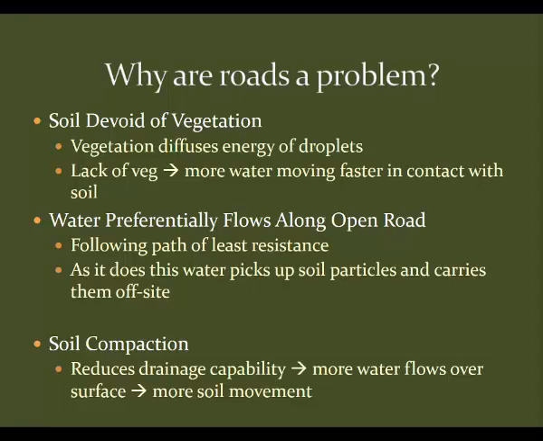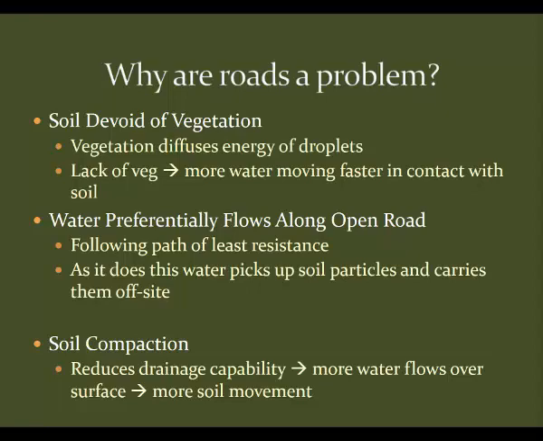And then finally, when we build roads, we intentionally compact them down so that they'll be a little bit more sturdy. But as we compact the soil on the roads, originally intentionally and then also by continually driving over them, we're really preventing the ability for water to infiltrate down into the road. So in a normal undisturbed soil environment, raindrops that fall on the soil or on vegetation above the soil will end up getting to the soil and then being absorbed by the ground.